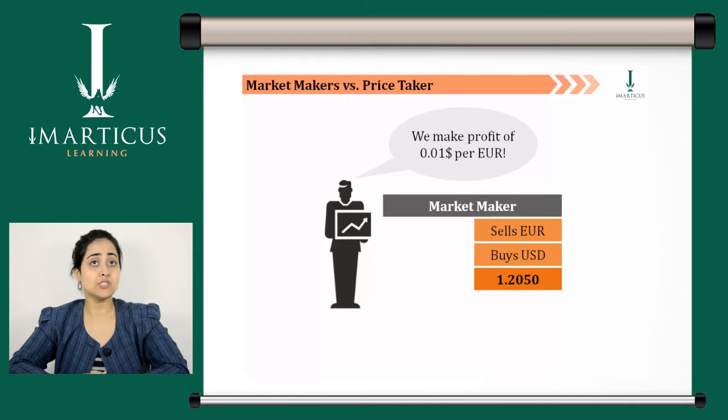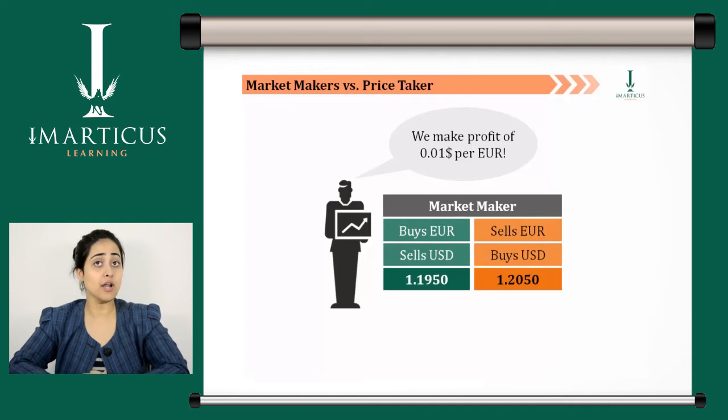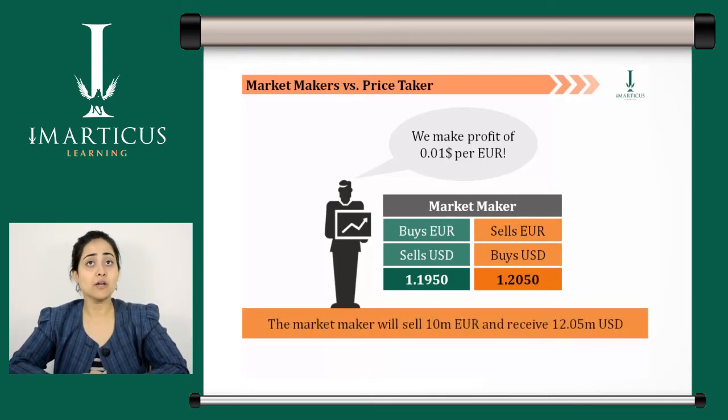Hence, this USD account is now plus 0.01, which means he ends up receiving a higher amount in USD while ensuring the Euro account is flat, which is a win-win situation for both of them. A market maker will send 10 million euro and receive 12.05 million USD to match the trade with the price taker. Using this logic, most of the market makers will execute thousands of transactions in order to make a higher amount of profit.